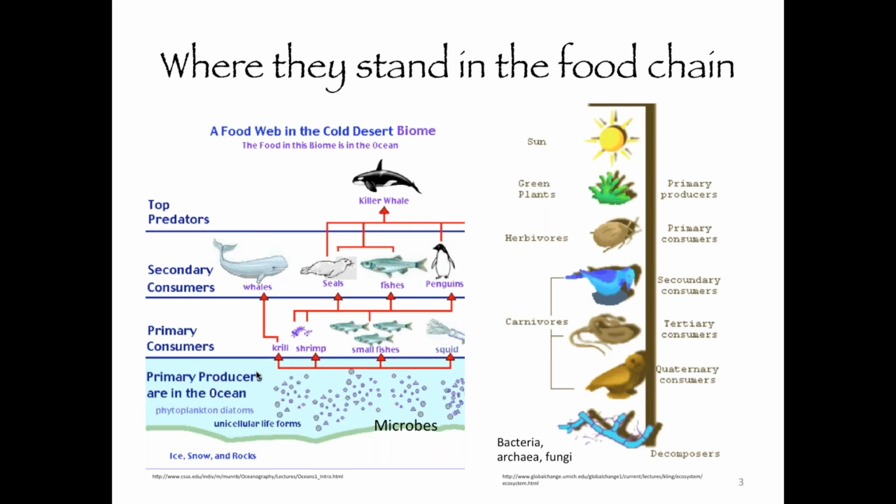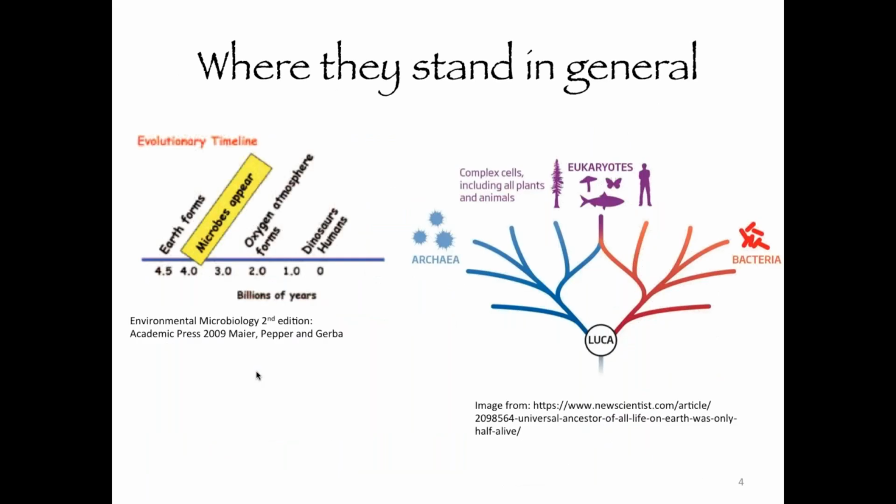And when we look at where they stand evolutionarily, when we look at the history of our planet, we see that the first evidence of microorganisms appears around 4 billion years ago, way before humans. They were around before our atmosphere formed as we know it. When we compare the diversity and ancestry of microorganisms, we see that they are found in more than one group of life, or domain of life.